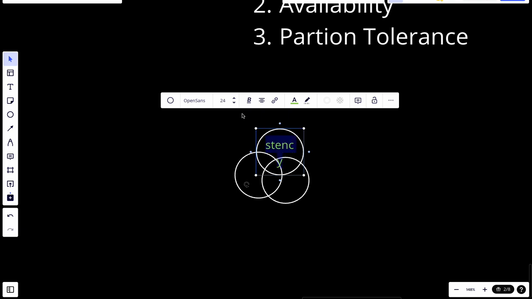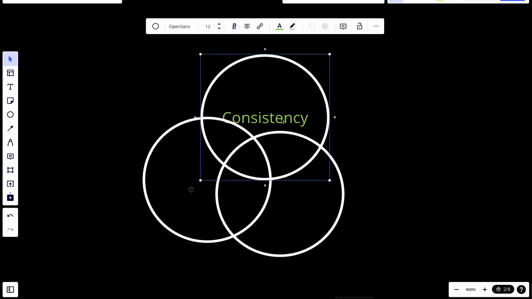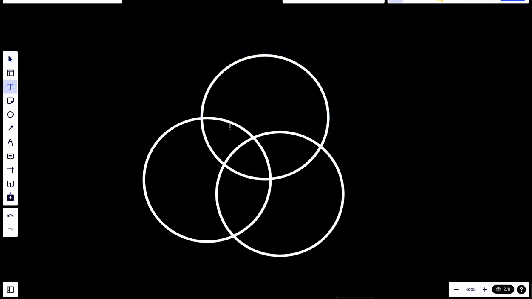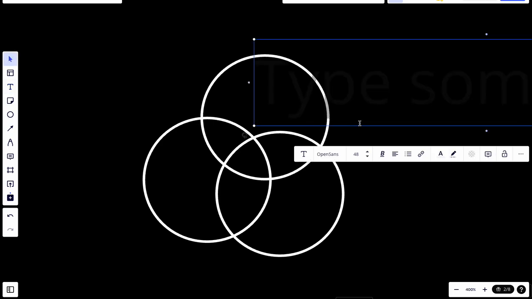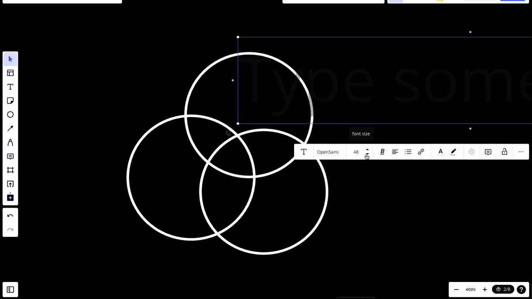Let's make it smaller so it will be easier for us to see. Let's delete this one, and let's add text.